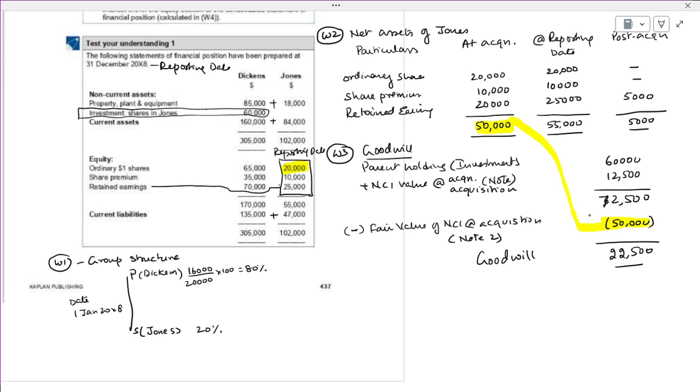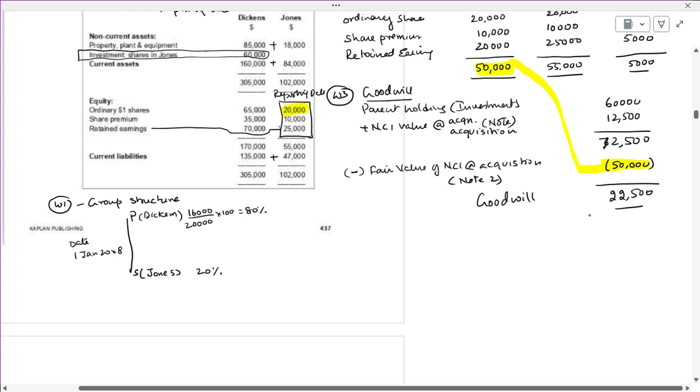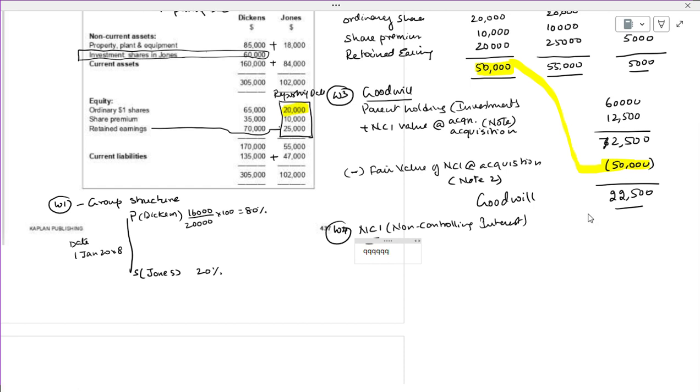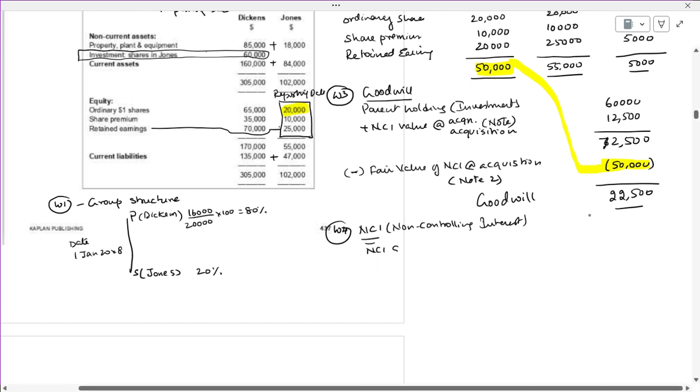Okay. Now, working 4. In working 4, we only talk about NCI, non-controlling interest. Now, we will take only the NCI share at acquisition.